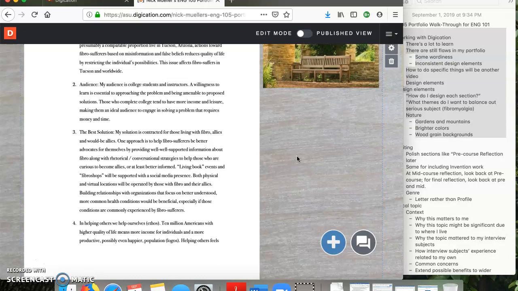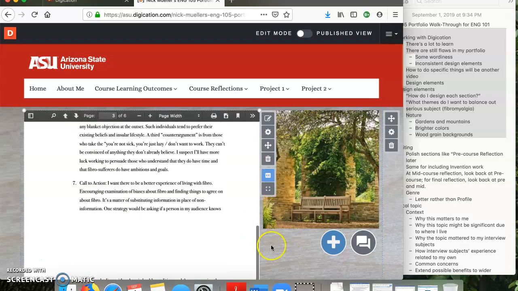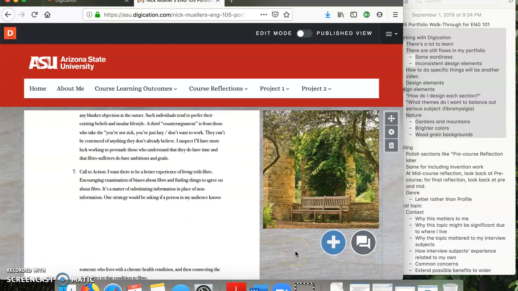So yeah, I like making things super organized because it makes it easy on myself later on. I think that's a really underrated design element: keep things organized.